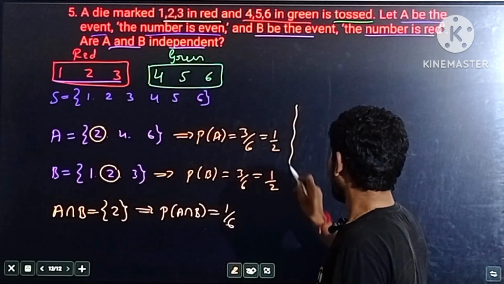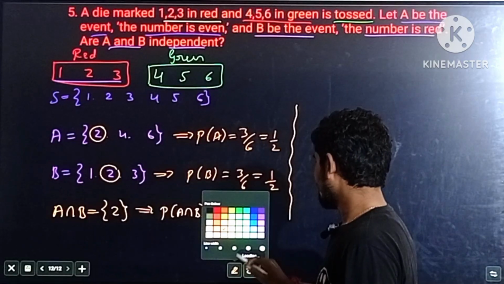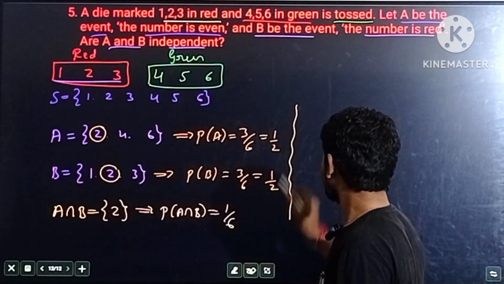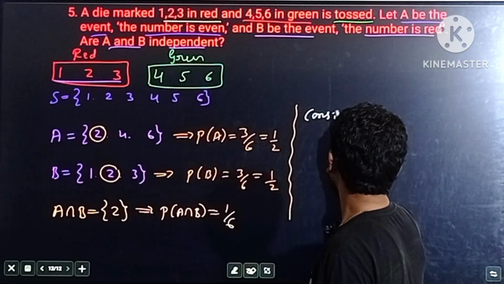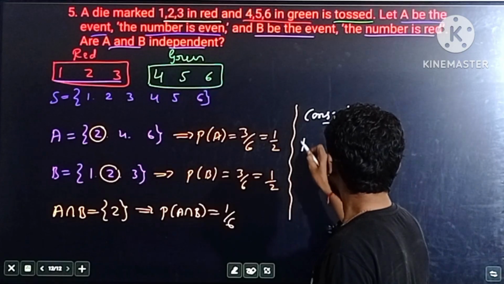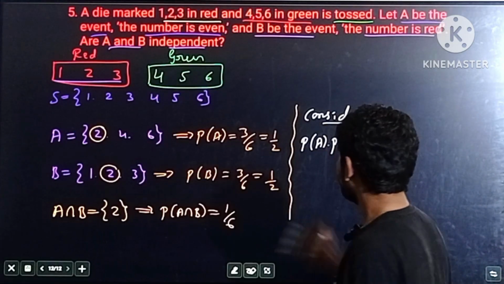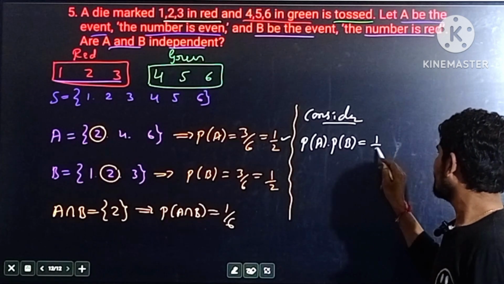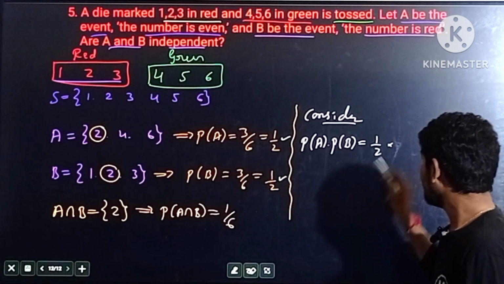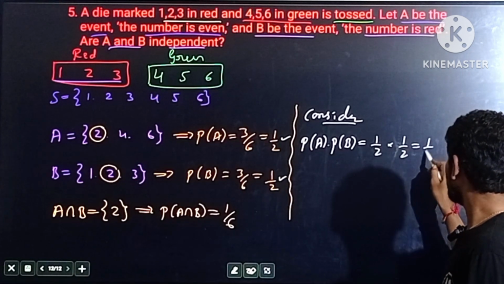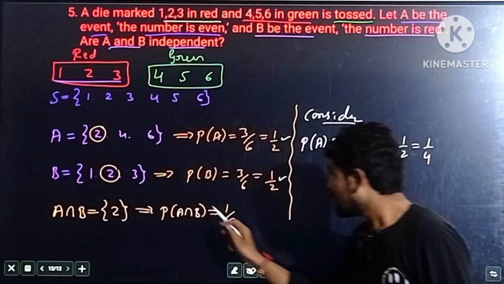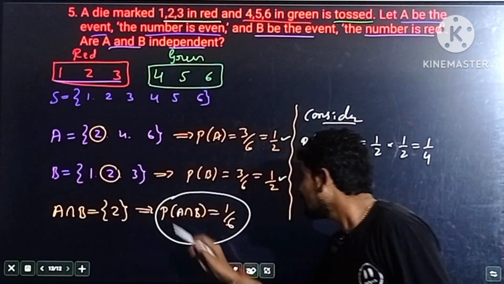Now, to identify whether these two events are independent or not, let us consider probability of A into probability of B. So observe here, probability of A is 1 by 2 into probability of B is also 1 by 2, which is equal to 1 by 4. But probability of A intersection B is 1 by 6.